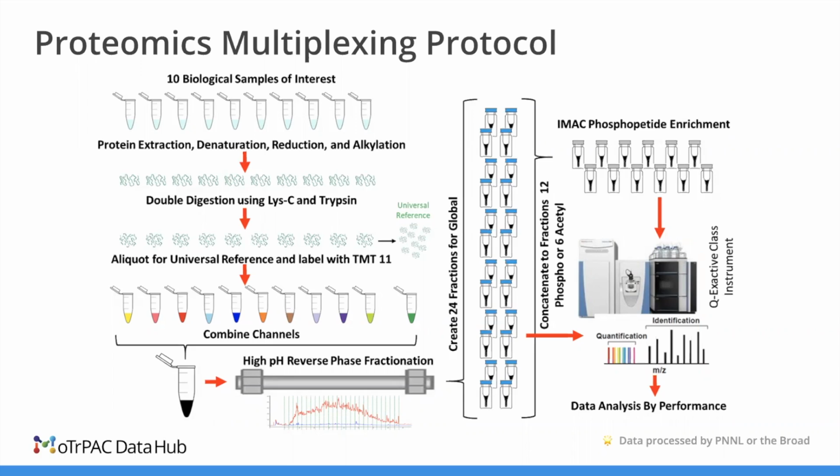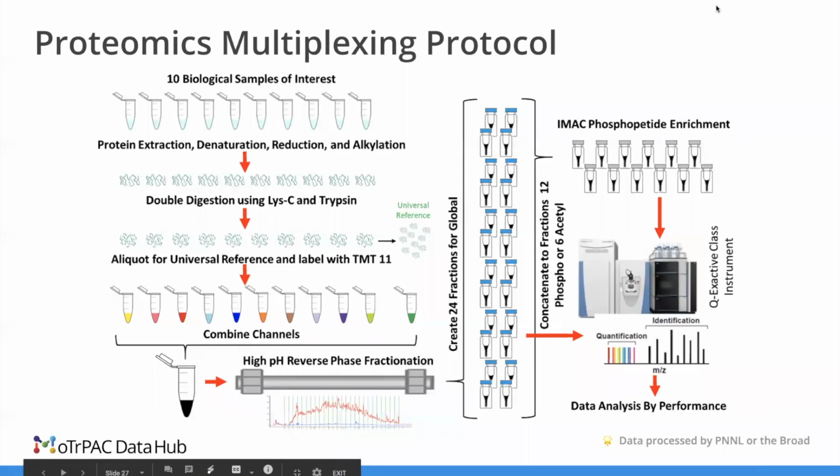We then take these combined samples, perform a high pH reverse phase fractionation methodology. This creates 24 fractions for global proteomics and 12 fractions for phosphoproteomics. And if acetylation or acetylproteomics is studied, those were 6 fractions. We then used IMAC in order to produce the phosphopeptides.